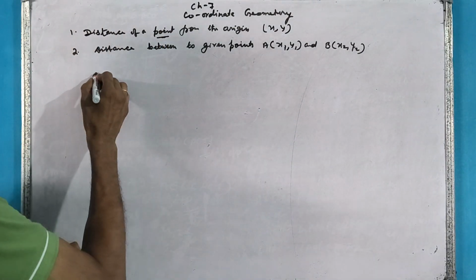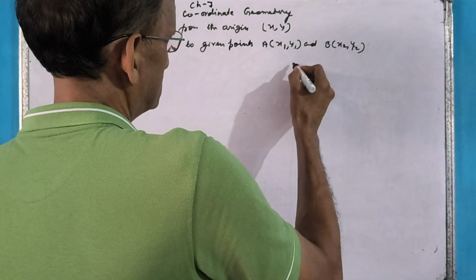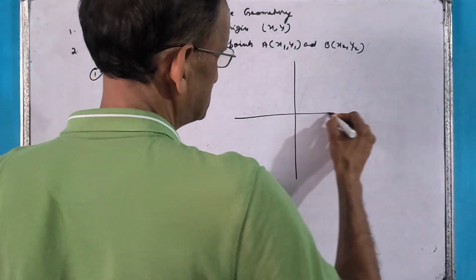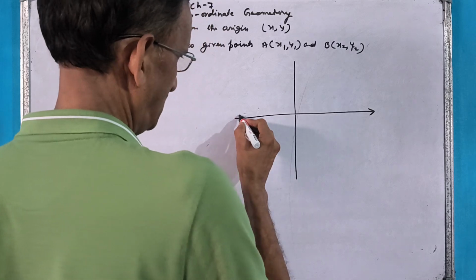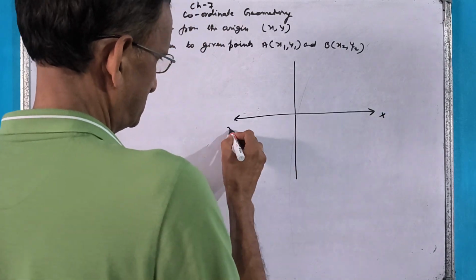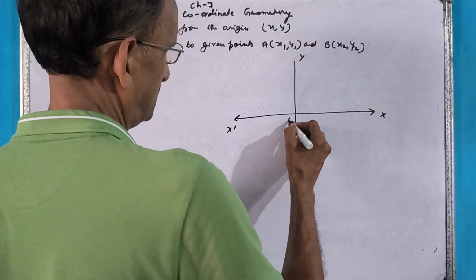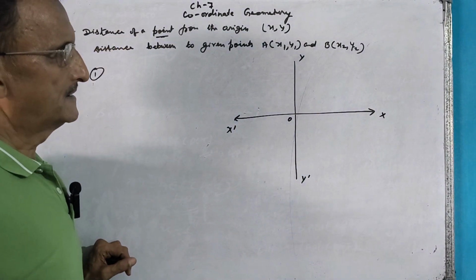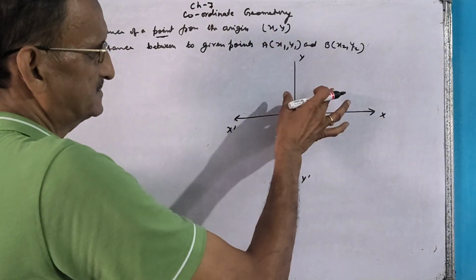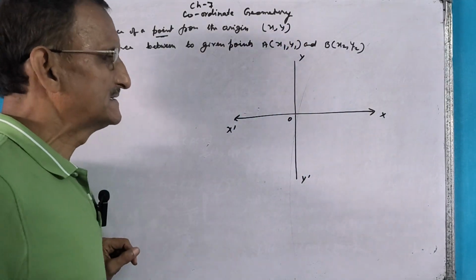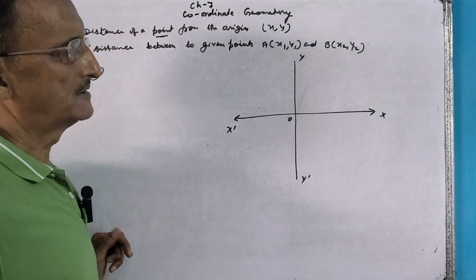So let us start. Number one, distance of a point from the origin means you will draw the Cartesian coordinate system, x-axis and y-axis and origin. This point can be in any quadrant, either first, second, or third. The formula will be the same.